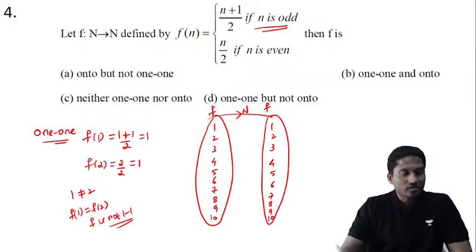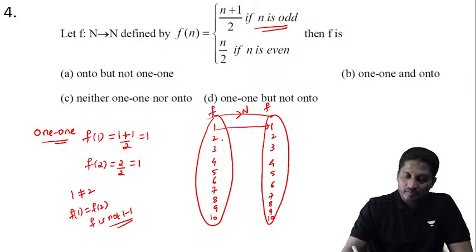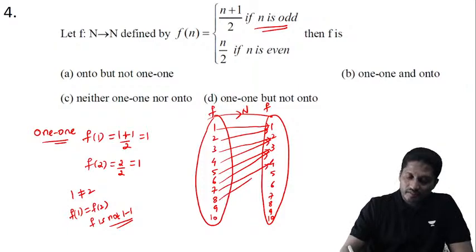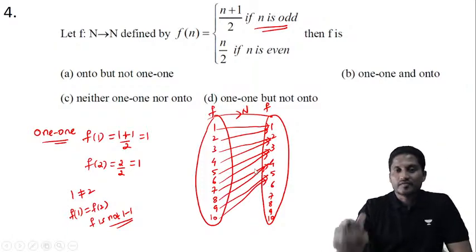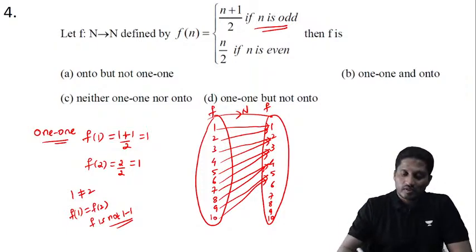Image of 1 is 1, image of 2 is 1, image of 3 is 2, image of 4 is also 2, image of 5 is 3, image of 6 is also 3, image of 7 is 4, image of 8 is 4, image of 9 is 5, image of 10 is also 5. Different inputs have the same output, so it's not 1 to 1, but it is on to, because range is equal to codomain.